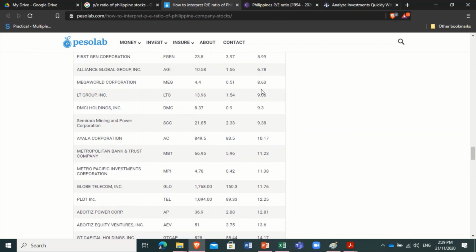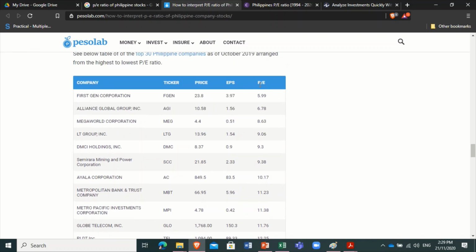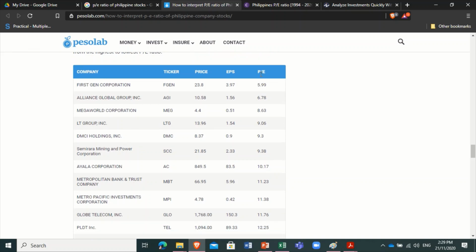But dito papasok yung importance ng price to earnings ratio. So, ibig sabihin ng price to earnings ratio, how much should the investor be willing to shell out for a 1 peso earning. Okay?